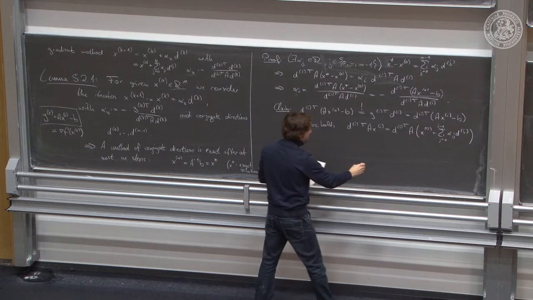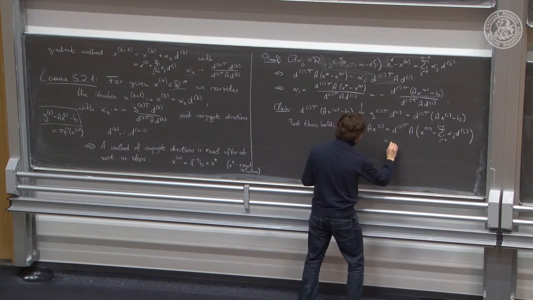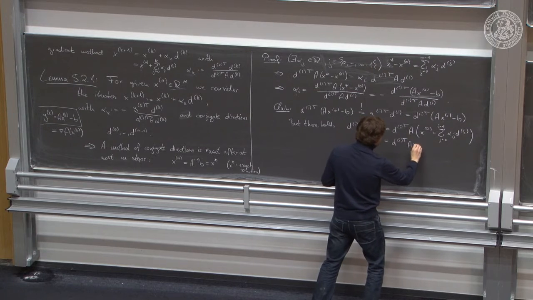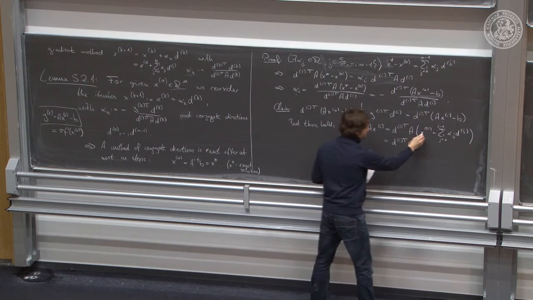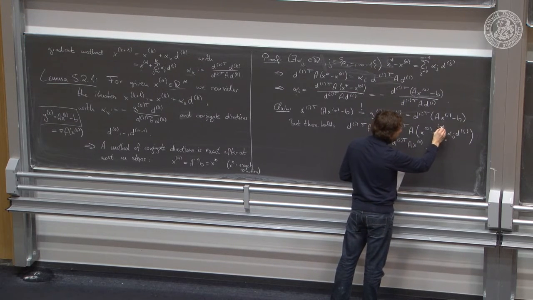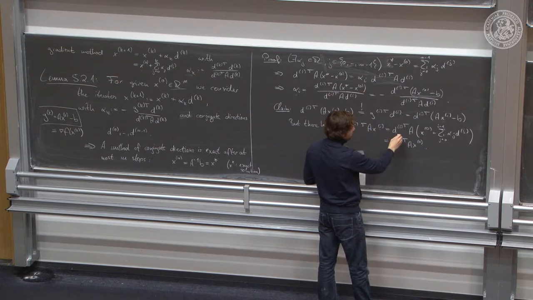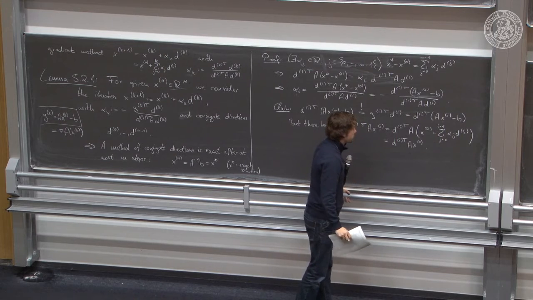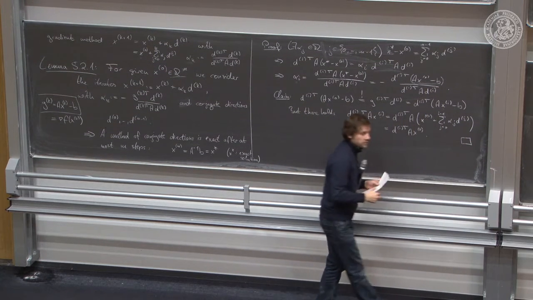But due to the fact that the directions are conjugate, this is nothing but the first term, since the sum here is a sum up to i minus 1, so every summand is 0 with respect to the energy scalar product with this d_i.